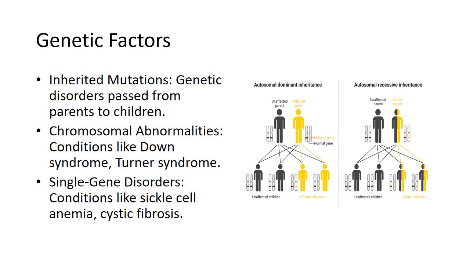Neural tube defects, e.g., spina bifida and anencephaly, result from a combination of genetic factors and environmental exposures, such as folate deficiency or maternal diabetes. Many congenital heart defects are believed to arise from a combination of genetic mutations and environmental exposures, such as maternal smoking or viral infections during pregnancy.